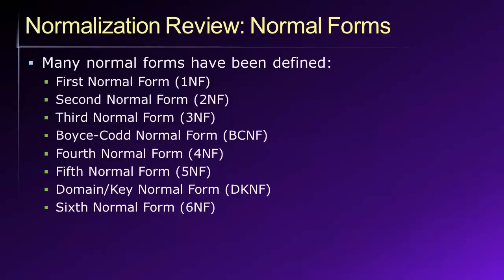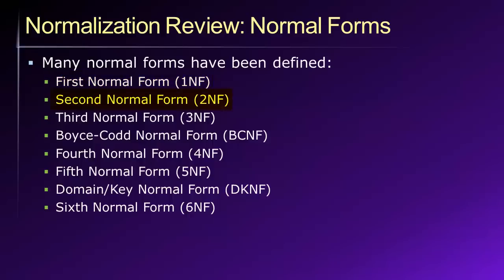Recall also that many different types of normal forms have been defined. We began by exploring the concept of a relation, and we said that every relation is by definition in first normal form. That is, if a table meets the definition of a relation, then that table is also in first normal form.